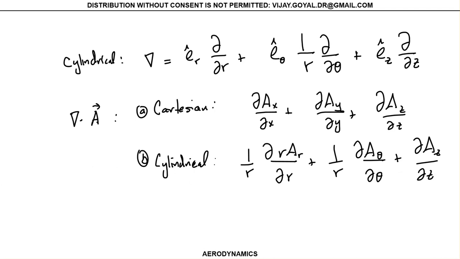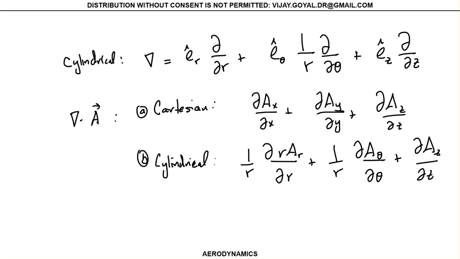Okay? Now, if I want to do this with the del operator, we actually have a name for this. We call this the divergence of A. Okay? Now, if you want to find the curl of A, this is very important, especially when we start doing rotational fluids. You take the cross product of this, then it becomes very interesting as well.